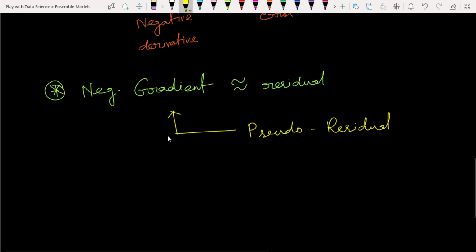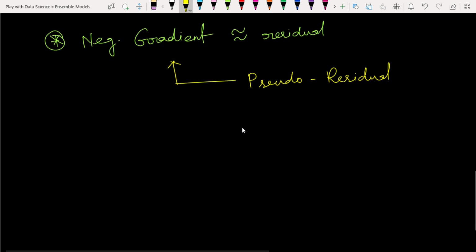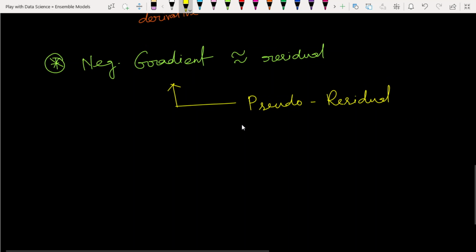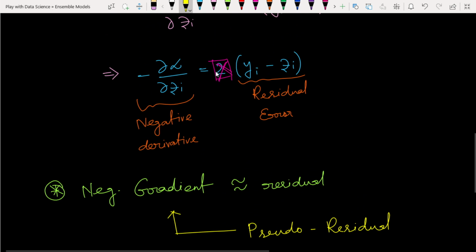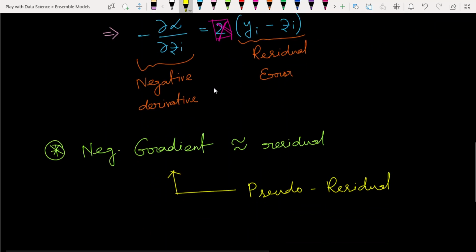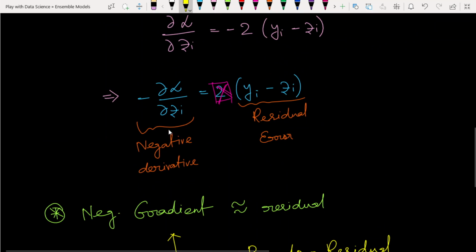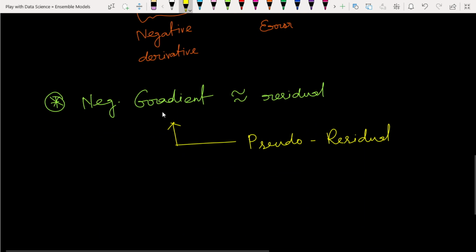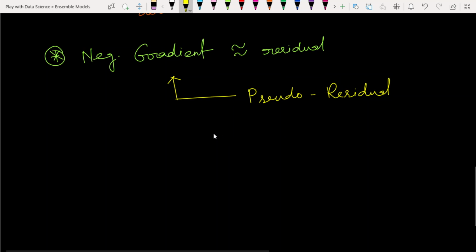This is not the actual term. Actually we have omitted the 2 and the negative, and this is the derivative, and you have also taken the negative sign. Because of this, the negative gradient is sometimes called the pseudo residual.